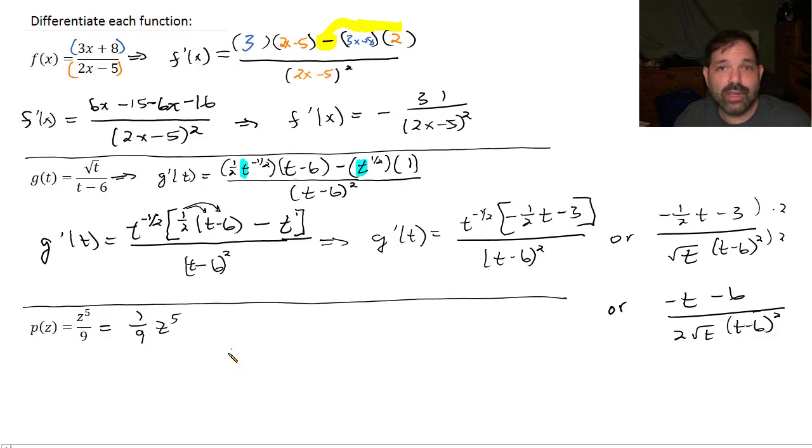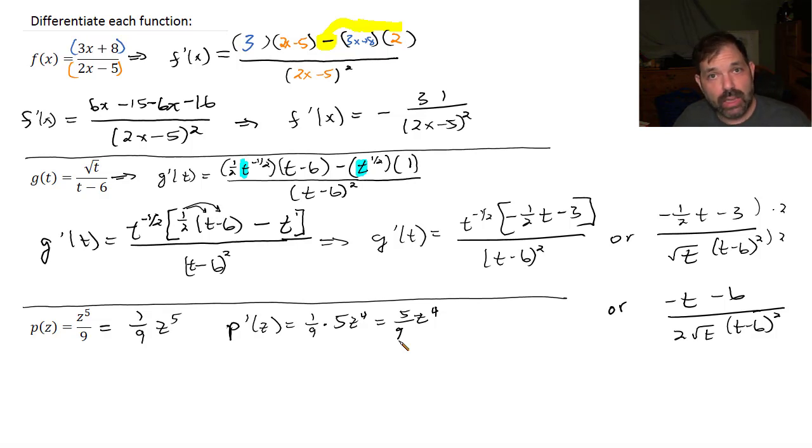And so its derivative is really easy. P prime of z would be 1/9 times 5z to the 4th, which is equal to 5/9 z to the 4th. I hope that's what you did. That's the simple approach for this exercise.